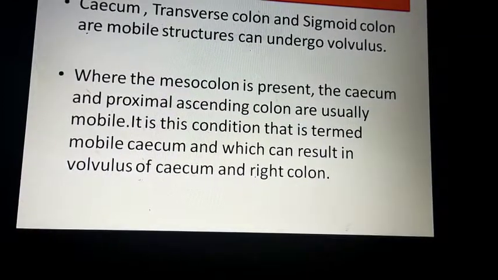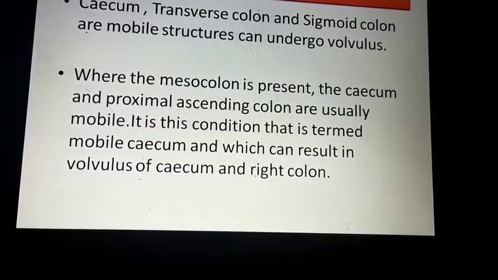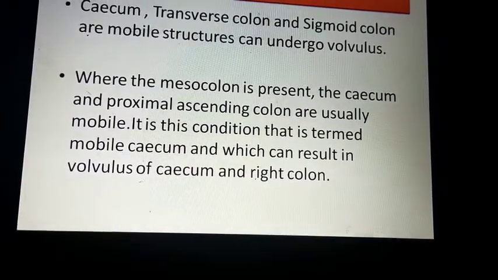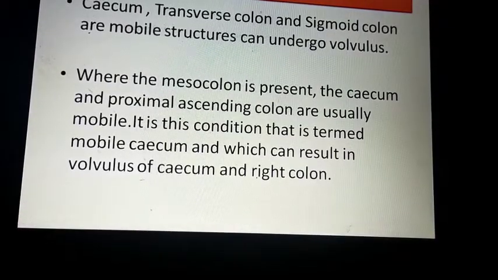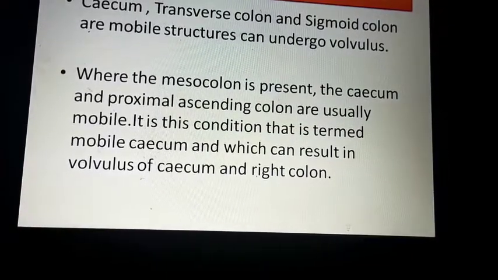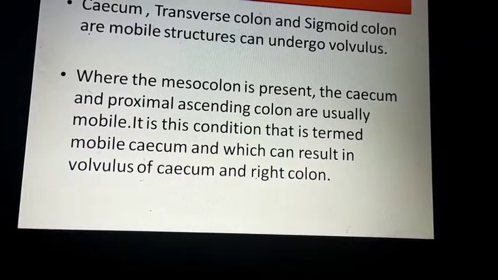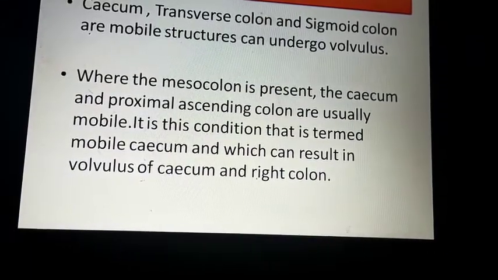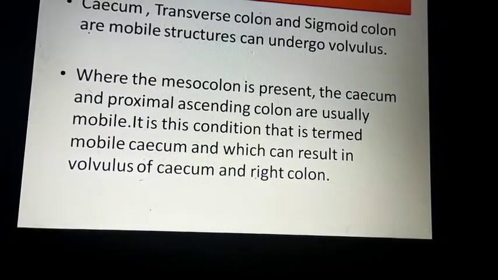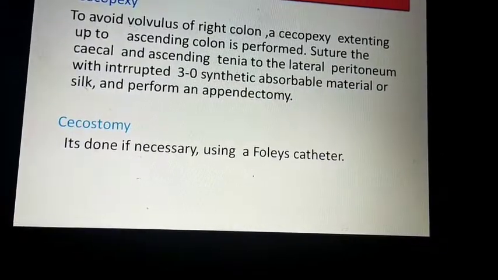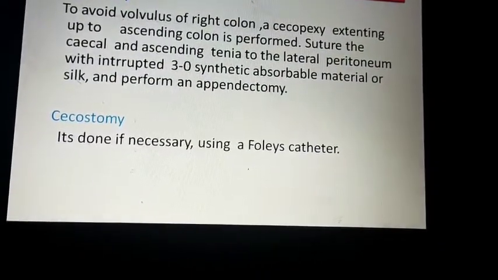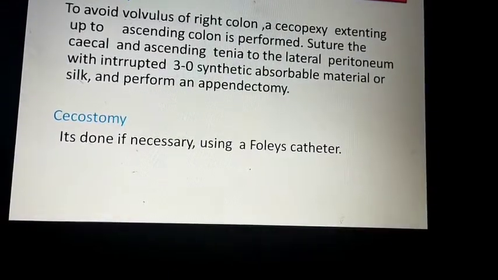Where the mesocolon is present, the cecum and proximal ascending colon are usually mobile. This condition is termed mobile cecum, and it can result in volvulus of the cecum and right colon. Cecopexy is one type of surgery.